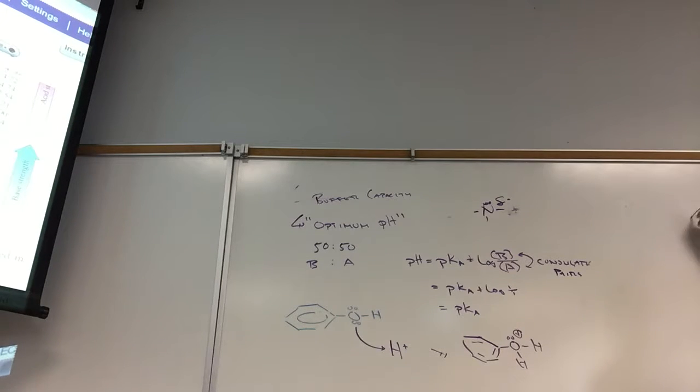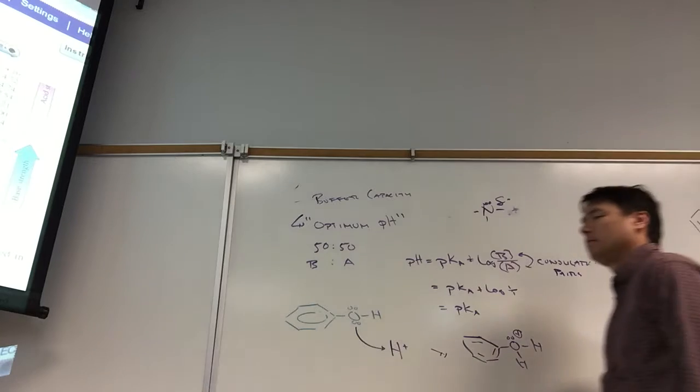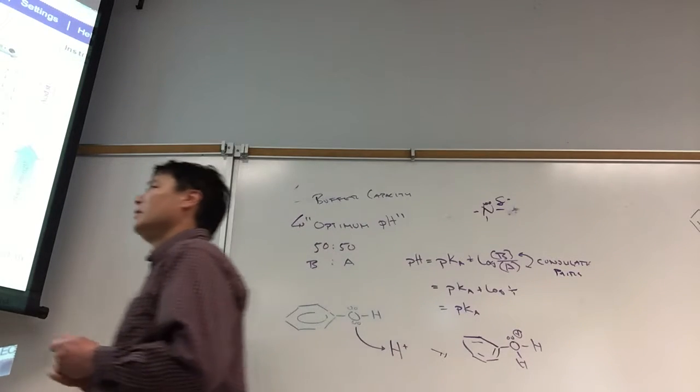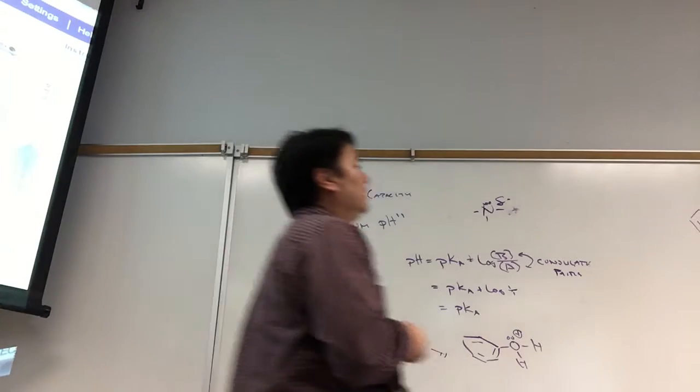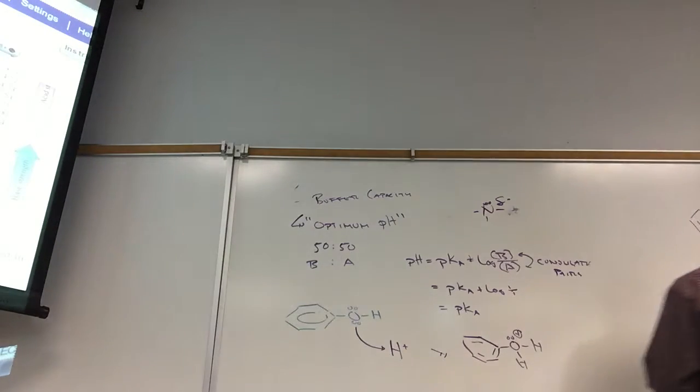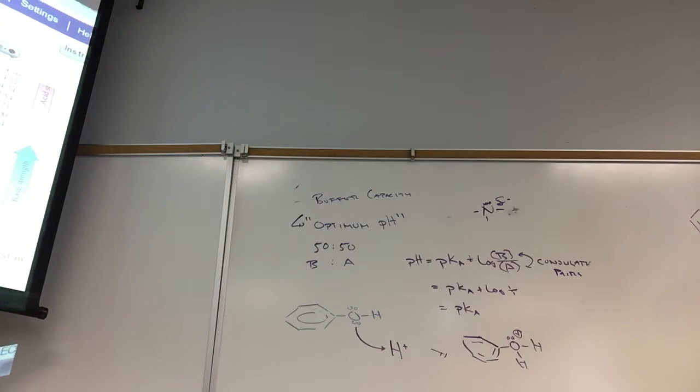Pyridine has a structure like this. It's a ring structure, five-membered, actually, oops, six-membered ring. 2, 3. I've got to add one more.